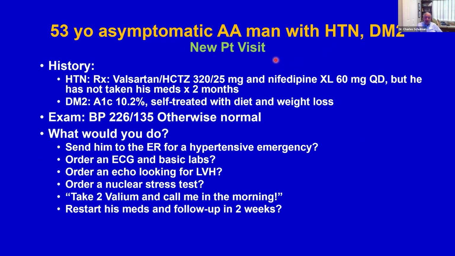So she saw him for a new patient visit. His history was that he had hypertension treated with valsartan, hydrochlorothiazide, and nifedipine, but he hadn't taken his medicine for the last 2 months since he'd been in the United States. He had diabetes with an A1C of 10.2, which he self-treated with diet and weight loss.